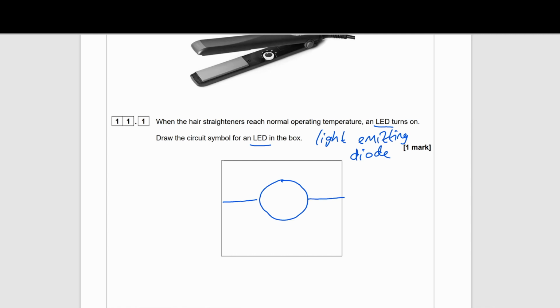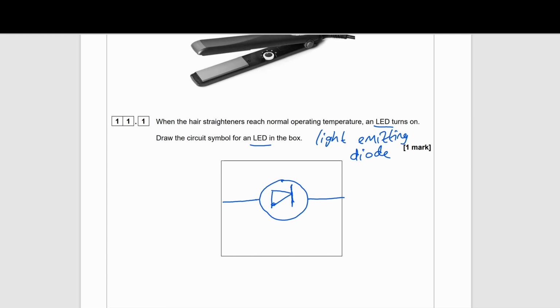And then we want to draw a triangle in our circle with that line. And this represents our diode. A reminder to recall with your circuit knowledge, a diode forces the current to go in 1 direction only.